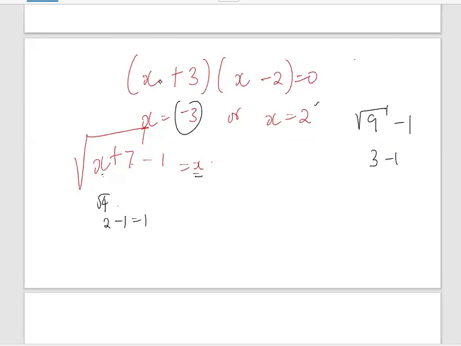That is a 3 minus 1, which gives us a 2, which corresponds with what we have. So meaning that this is the solution, and then negative 3 is not a solution. Cross it out like that, or you can say not applicable. All right. So that is how that would have been done.